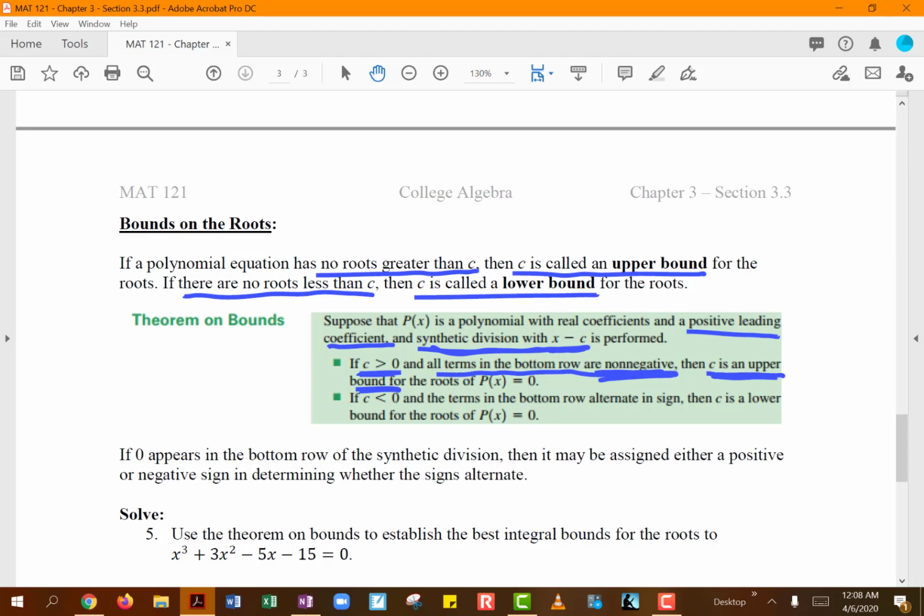Now if c, the number you're dividing by, happens to be a negative number, and the terms in the bottom row of your synthetic division alternate in sign, then we would say c is a lower bound for our polynomial. Okay?